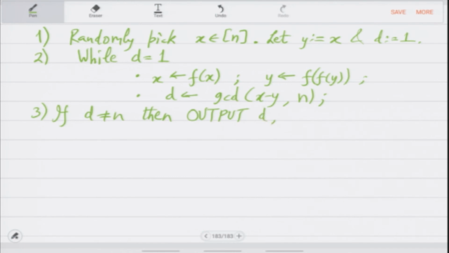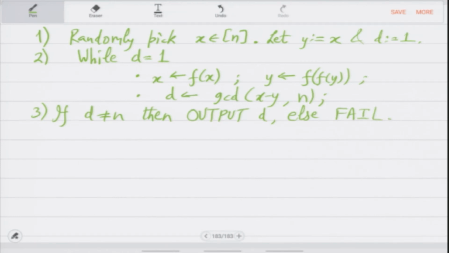So this loop will come out only when d is not 1. So d is between 1 and n. If it is not 1, it may also be n, but if it is neither 1 nor n, then it's a factor of n. So that's a success case, otherwise you will say fail. And then probably you have to repeat the experiment.